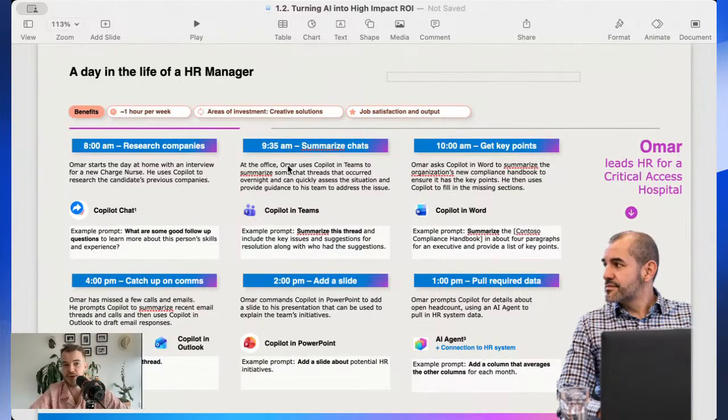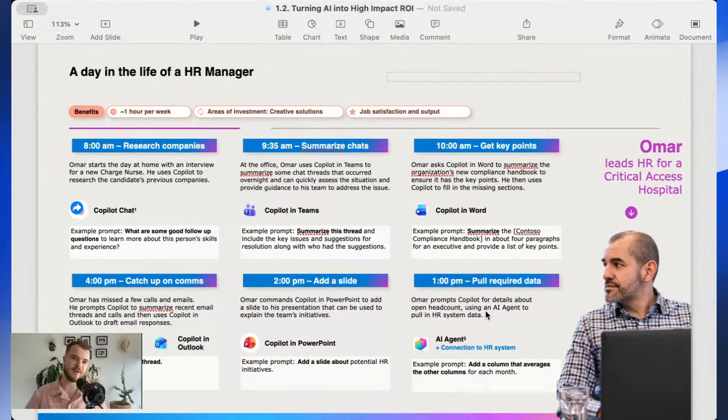Then he's doing that interview and he's using Teams to summarize threads about it. He is asking Copilot to summarize a new compliance handbook in Word. And then he's asking about open headcount.